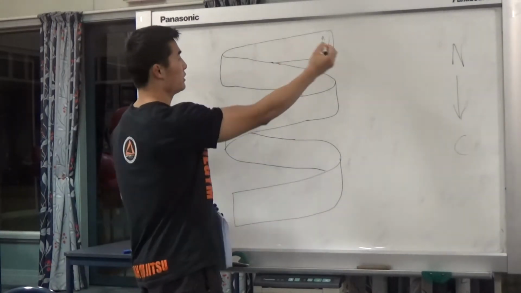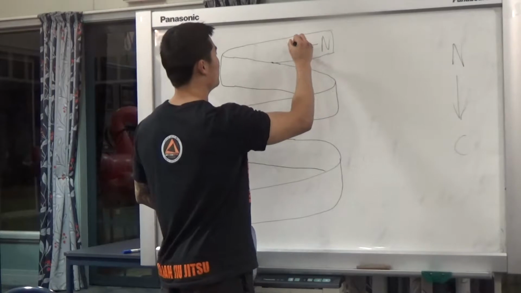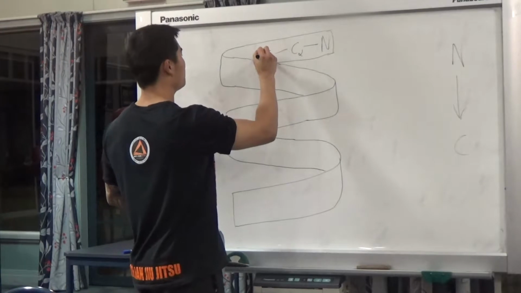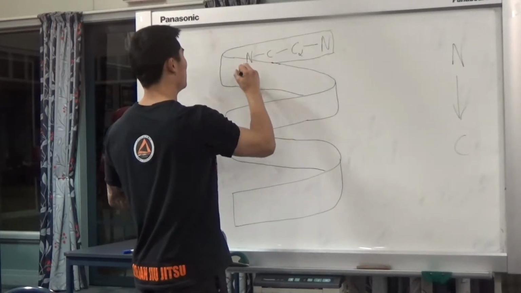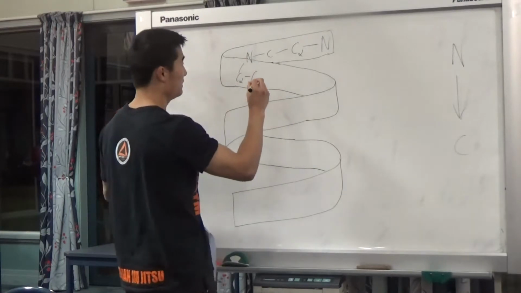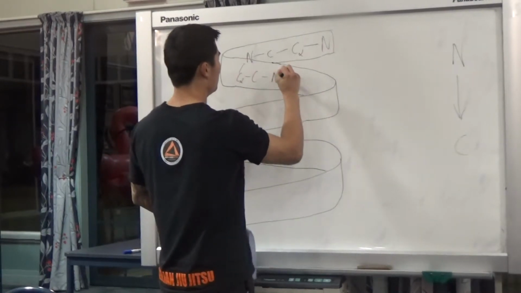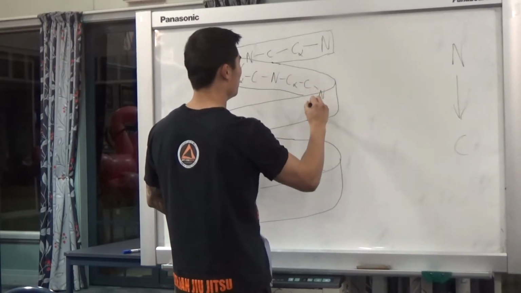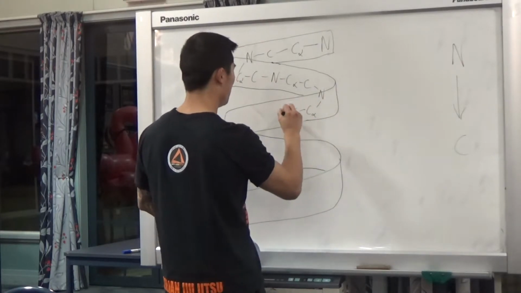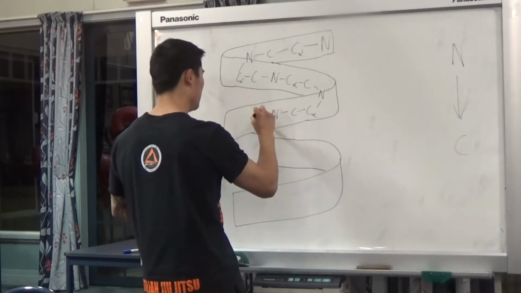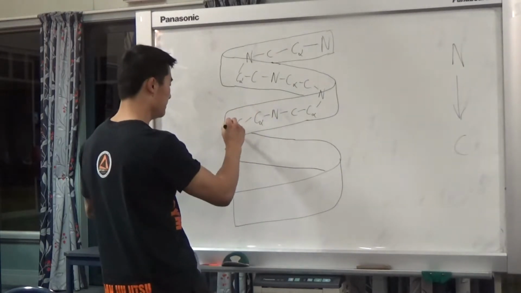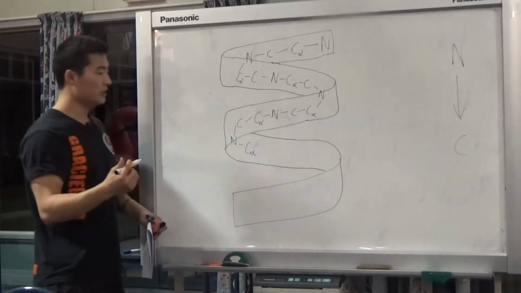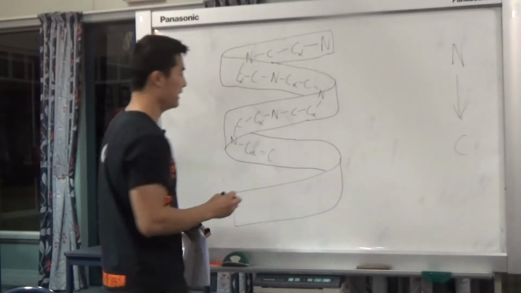I'm going right to left here: nitrogen, alpha carbon, carboxyl carbon, nitrogen, alpha carbon, carboxyl carbon, and so on. I won't go on to the end.